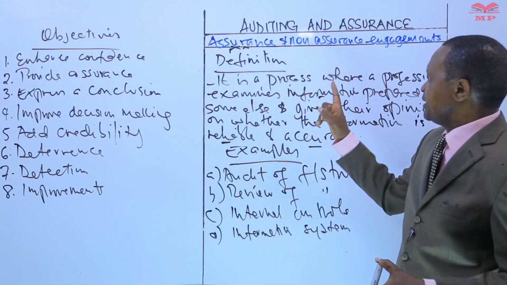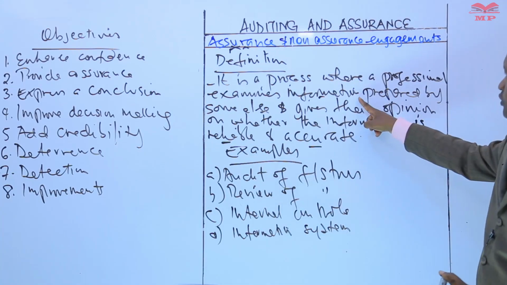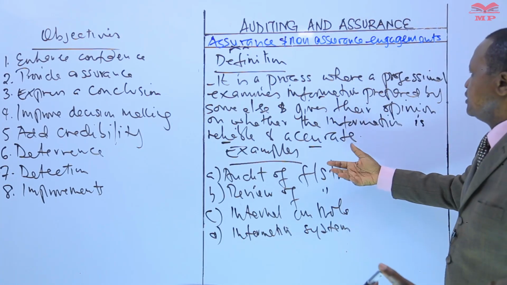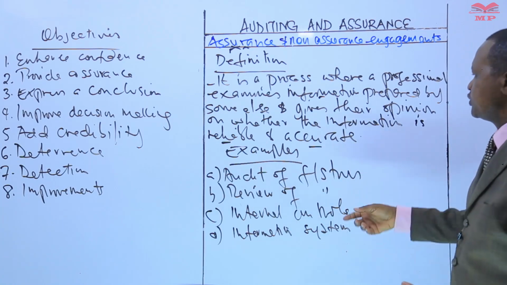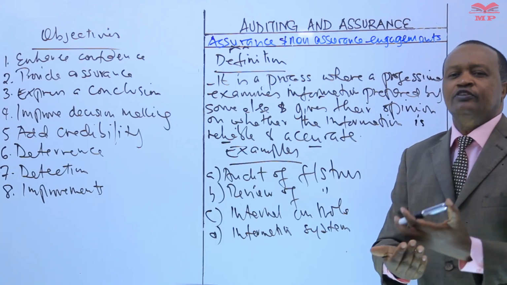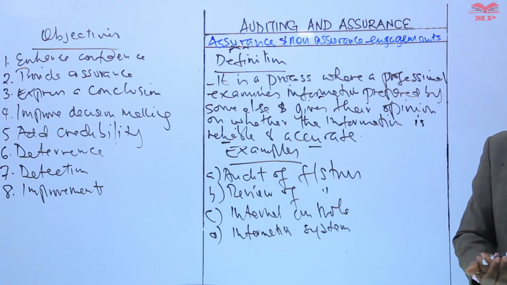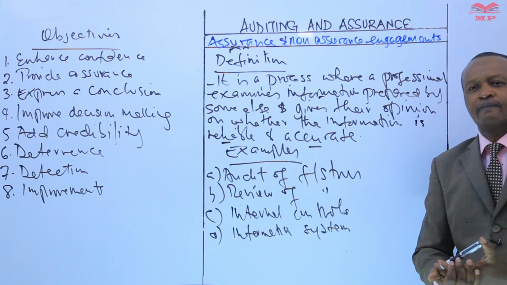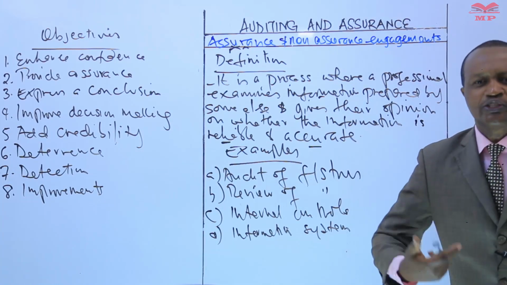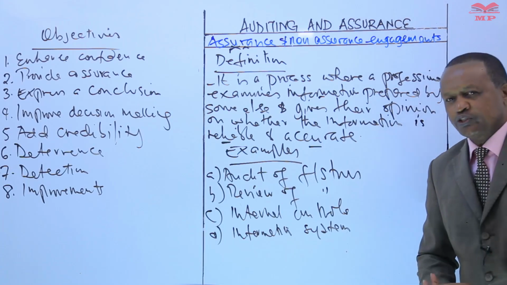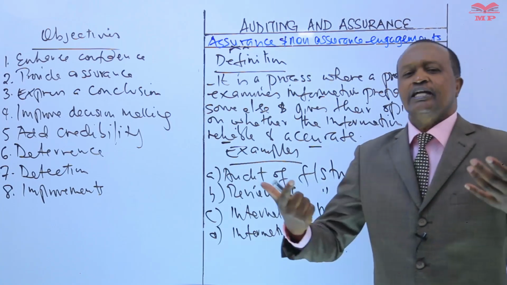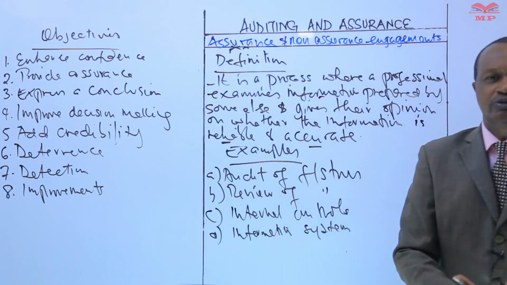And when there is an independent examination of such information, in which the professional gives their opinion as to whether the information is reliable or accurate, then such information can be useful. Okay? That such information can serve to protect the interests of the users of the information and then contribute to the overall integrity and reliability of the information environment.